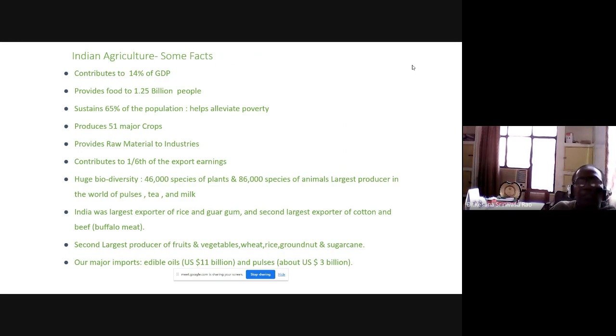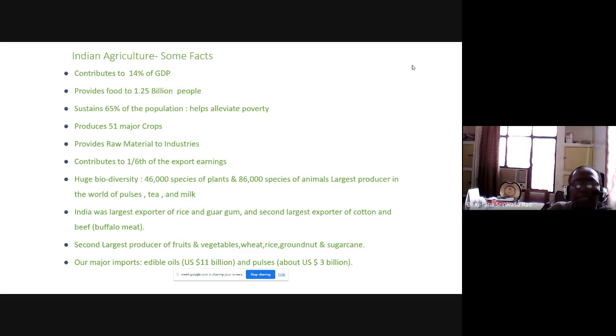This is also one of the most important factors we can see in the recent past. Then huge biodiversity: 46,000 species of plants and 86,000 species of animals, largest producer in the world of pulses, tea and milk. India has recorded these facts.